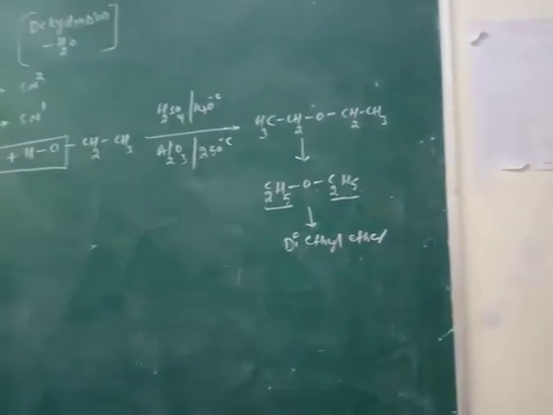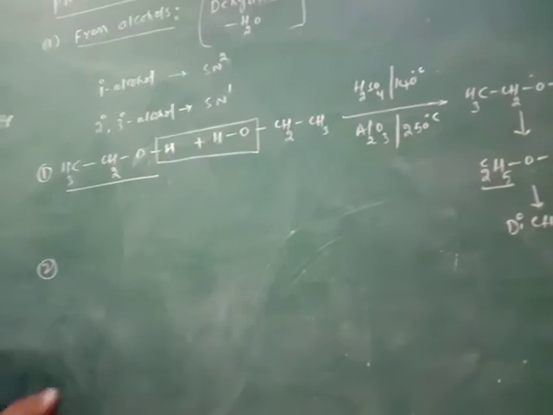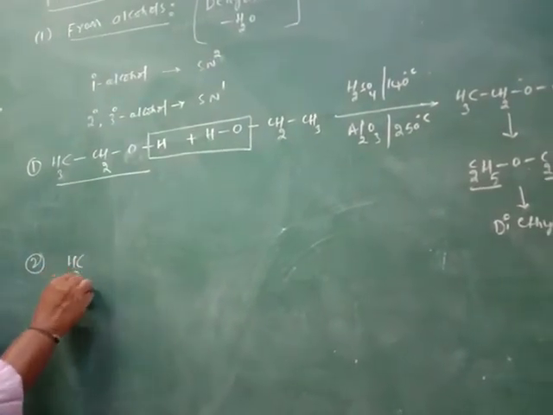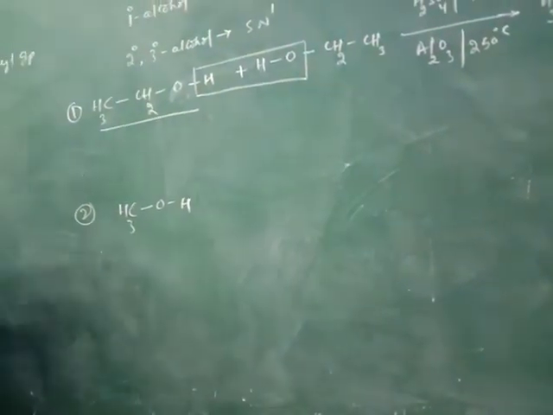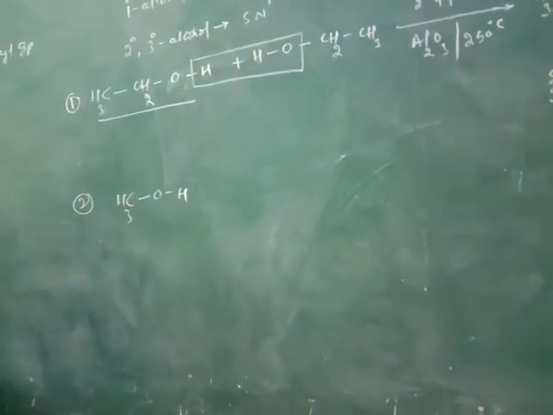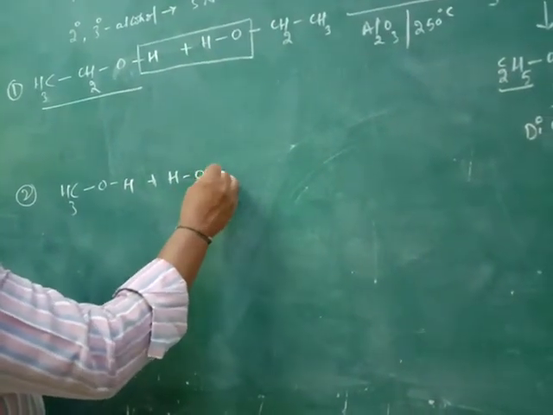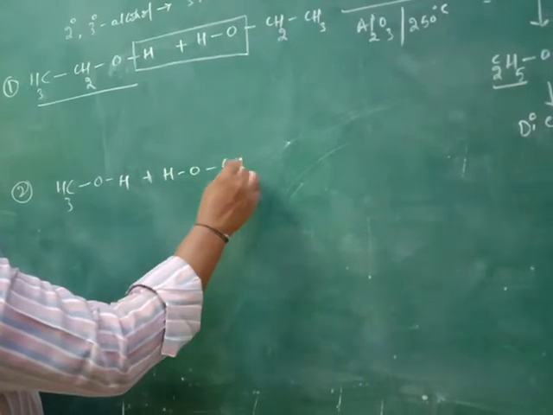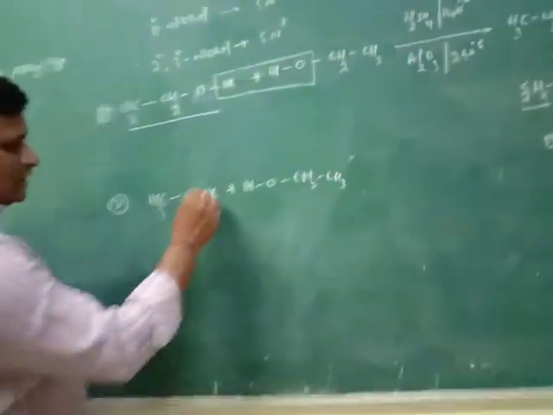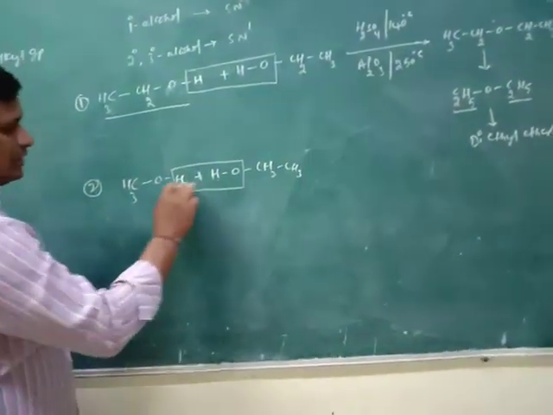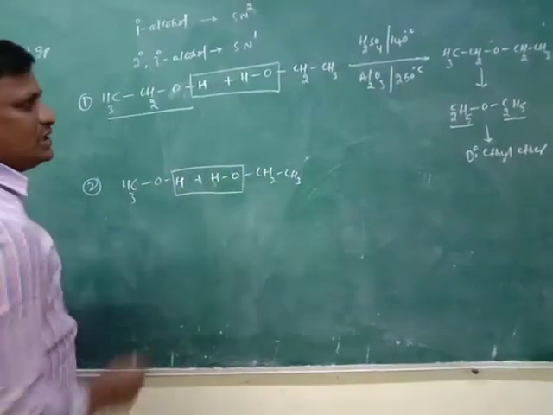For another example, take CH3OH, which is a primary alcohol, plus HO-CH2CH3. Dehydration means removal of water, H2O.